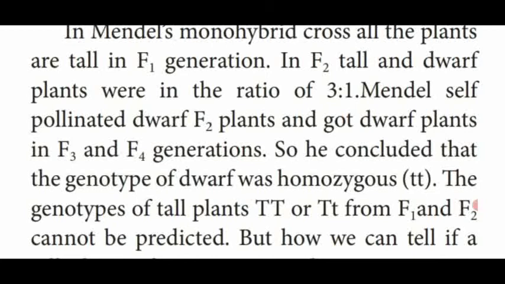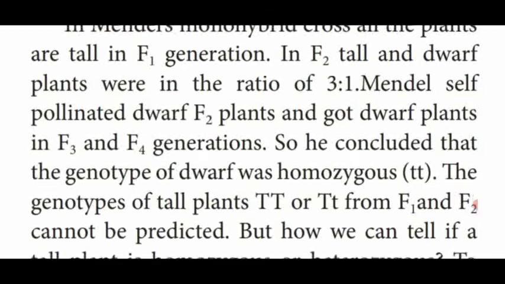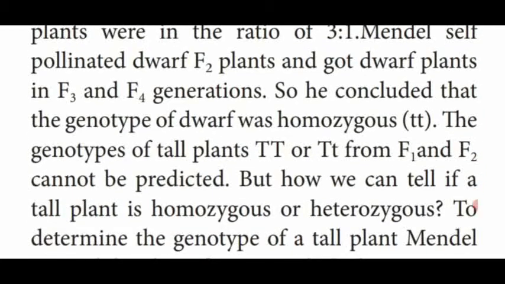He got dwarf plants in the F3 and F4 generations. So F1 generation is only showing the dominant character, but in the remaining generations we can see both dominant as well as dwarf plants. So he has concluded that the genotype of the dwarf was homozygous.